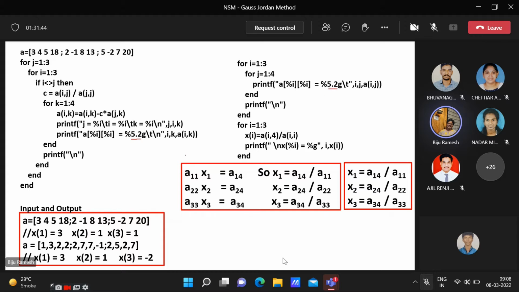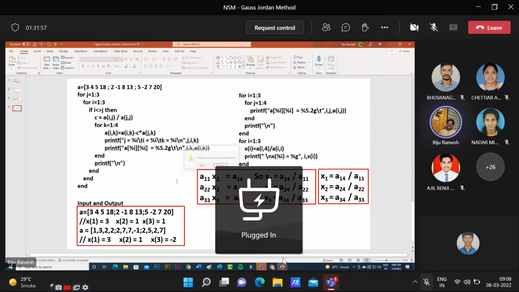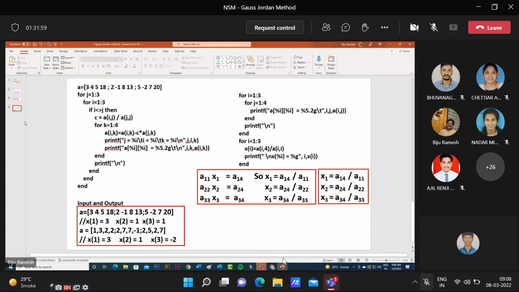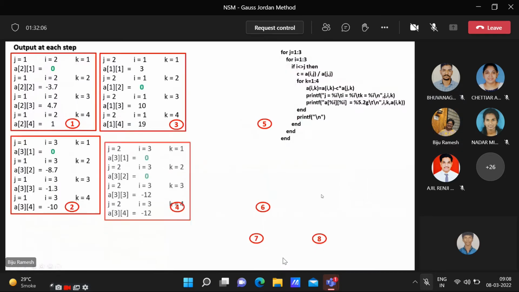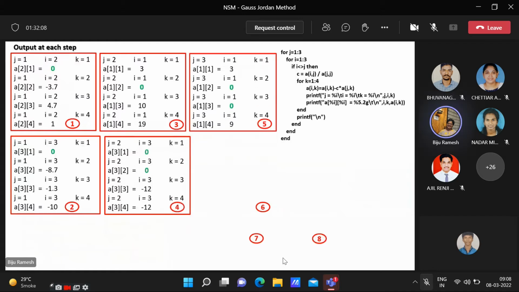What is this 5.2? That is usually given for floating point numbers.